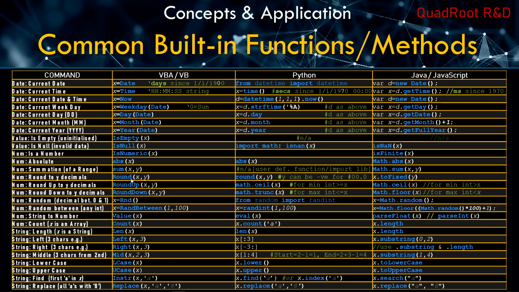You can round numbers where x is the main variable, y is the number of decimal places. In Python, the same way, where x is the main number and y is the number of decimal places.